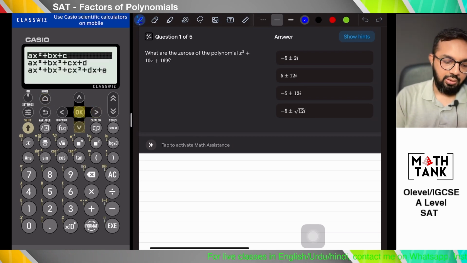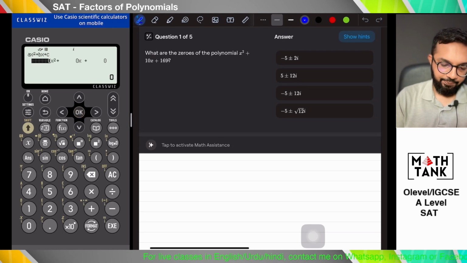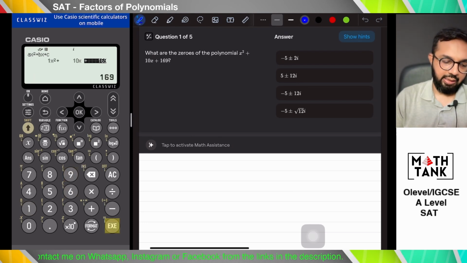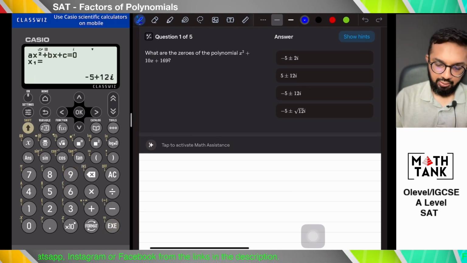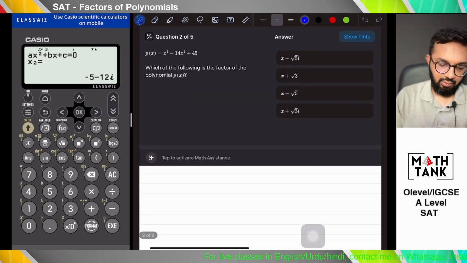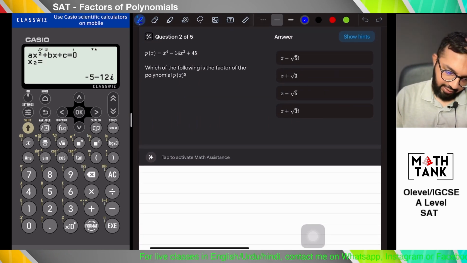This is non-real roots. You should know how this is done, although on the SAT the complex number part has been discarded. Since this is a practice session, it's still coming up. Which of the following is a factor of the polynomial?